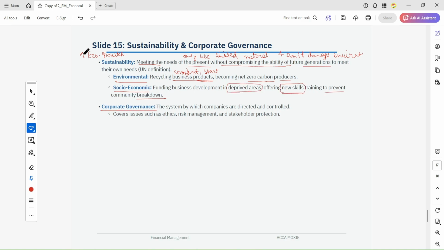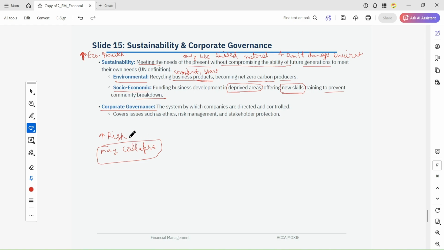Next is corporate governance. When you increase economic growth, it does not mean that you take higher risk. If you take higher risk, your company may collapse in future because of some bad decisions.